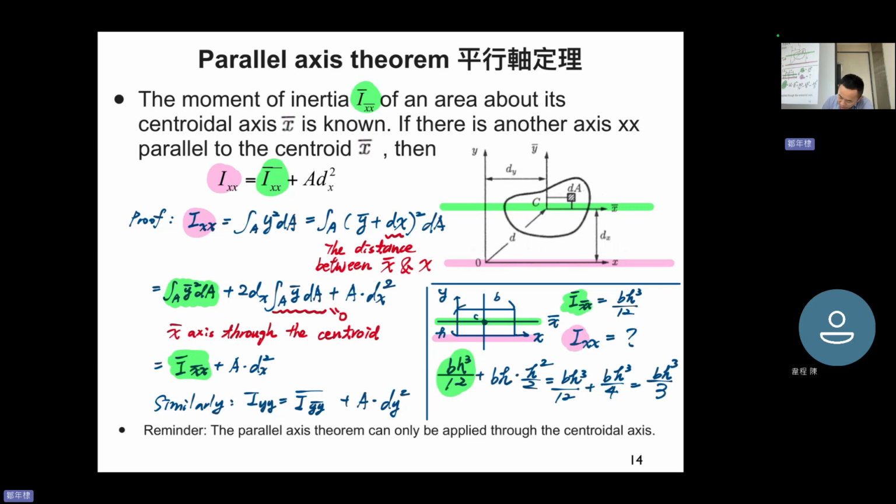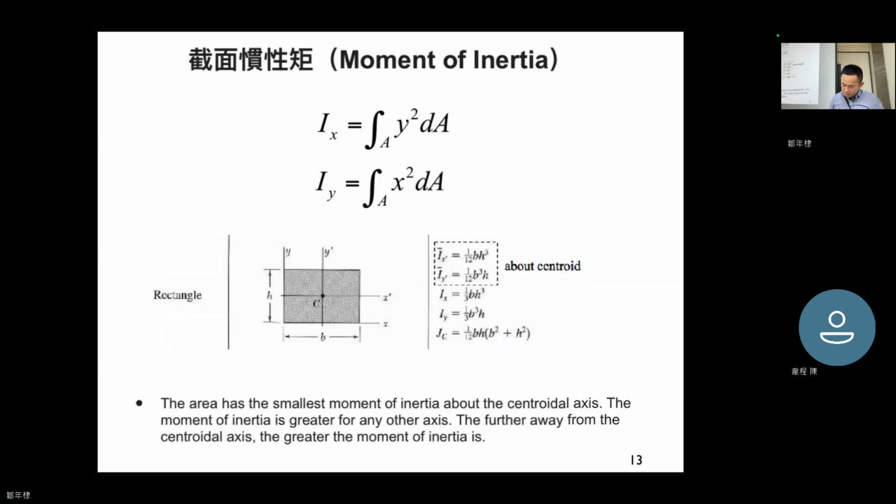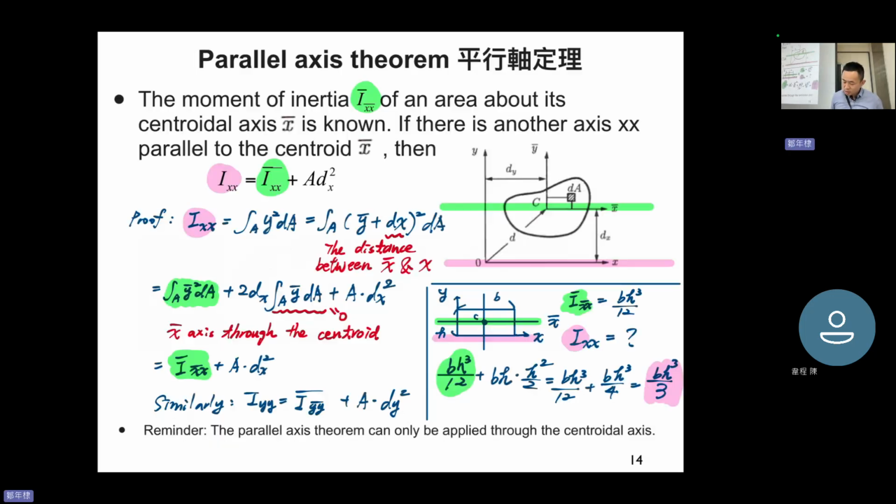Did you notice that? You learned that before, right? If you move from a centroid axis to an edge, you just add the area times the half edge squared, and you can get this. See? So that's how we determine the edge.